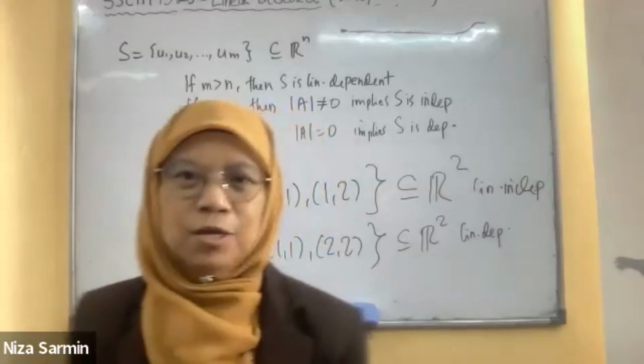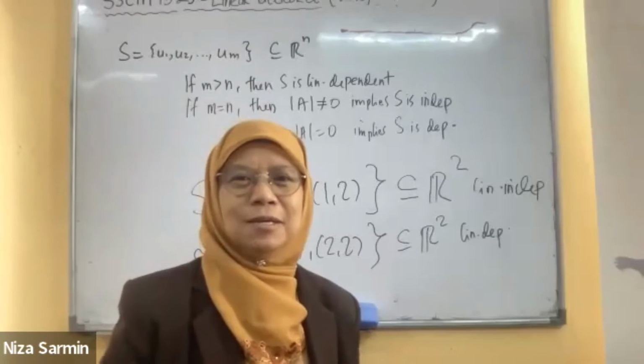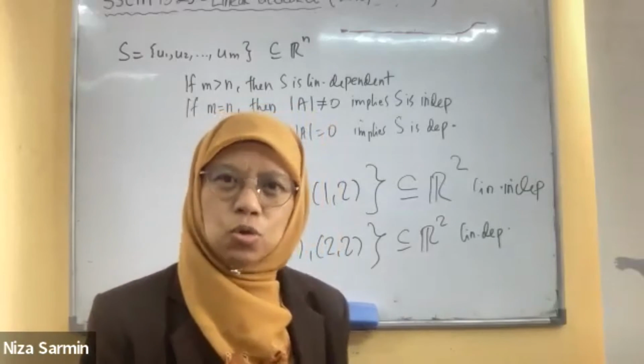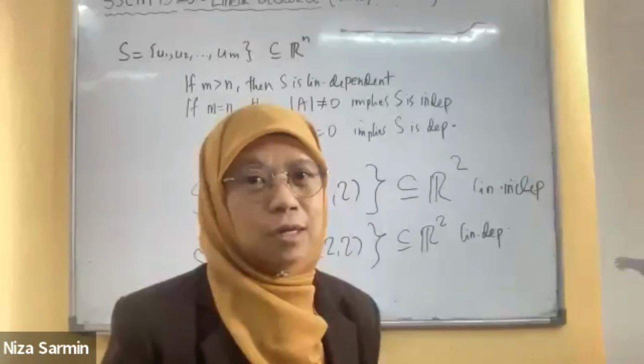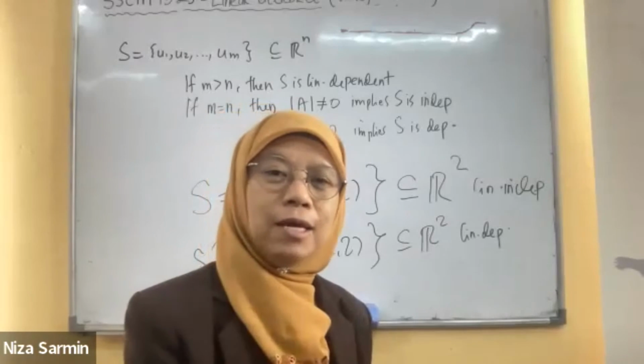Okay, I know there's too much to understand, but go through the notes and go through the examples. It's not that hard. Just need to understand the definition and how to apply.